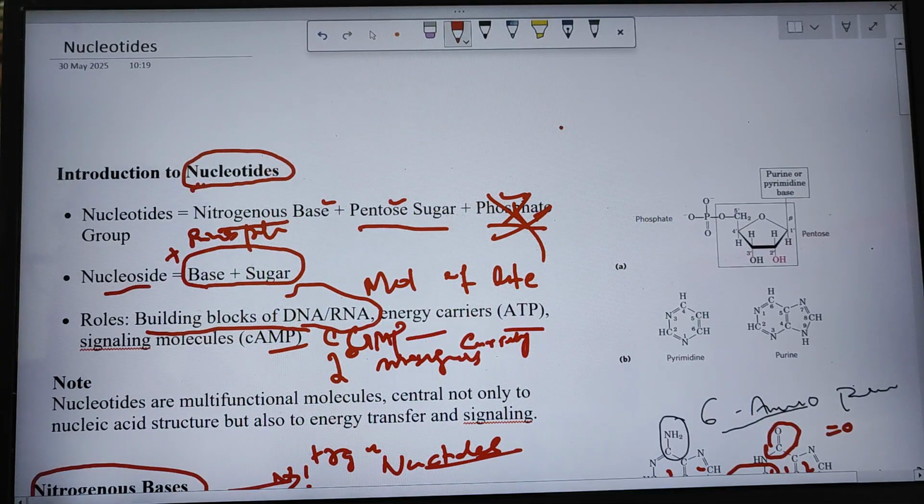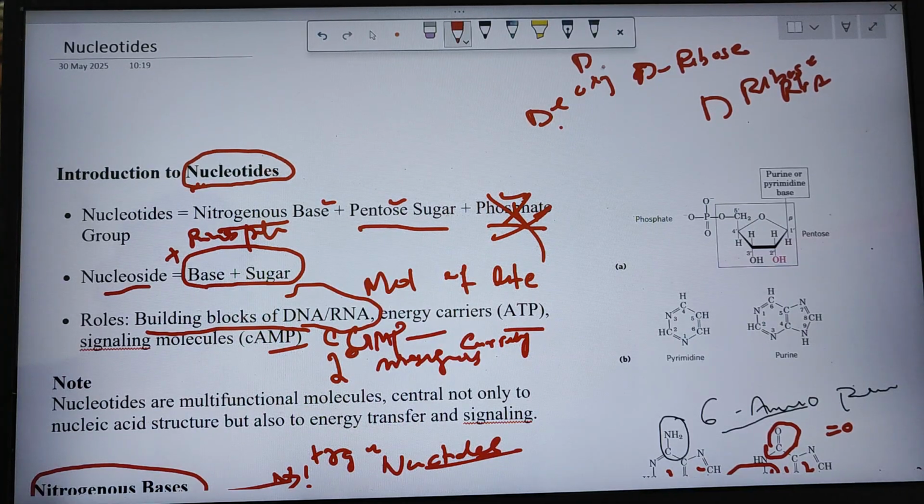Okay, so DNA contains the deoxyribose, okay, and the RNA contains the D-ribose. Okay, RNA contains D-ribose. So this is present in RNA, okay, and deoxy-D-ribose sugar is present in the DNA.